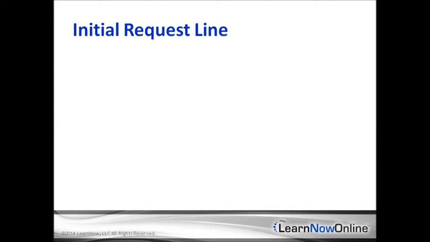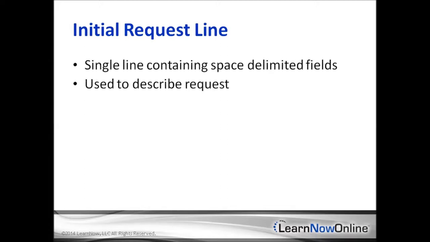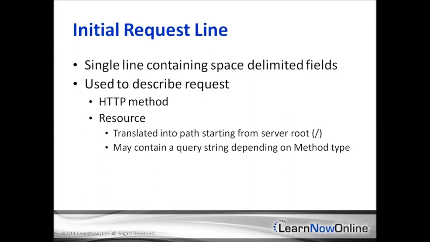So the initial line, what that essentially is going to look like is one line, space delimited fields. It describes the actual request itself. So it's going to have information about the actual HTTP method that's being invoked, and then the resource.